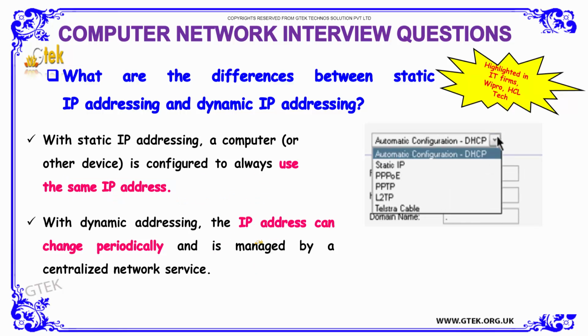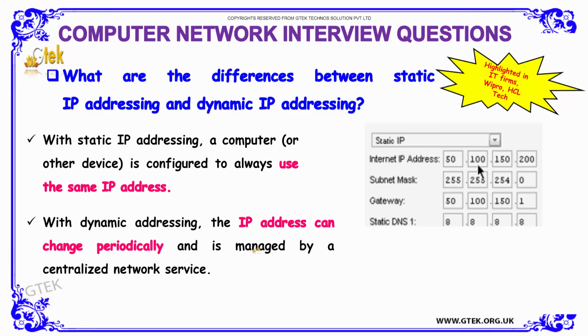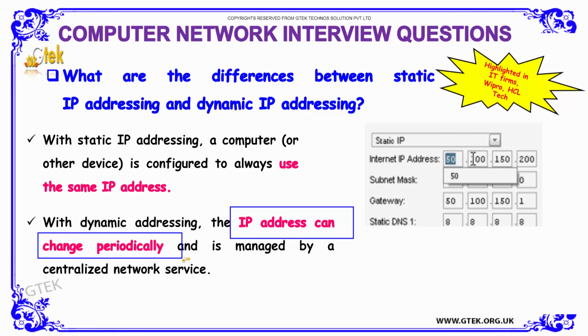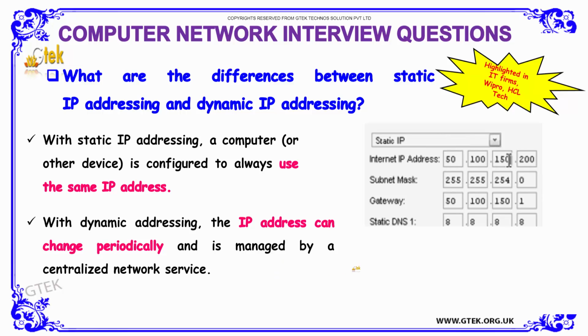Whereas in the case of dynamic IP addressing, your IP address will change periodically and it is managed by a centralized network service. So this forms the major difference between static IP addressing and dynamic IP addressing. These patterns of questions are asked in interviews of HCL Technologies.